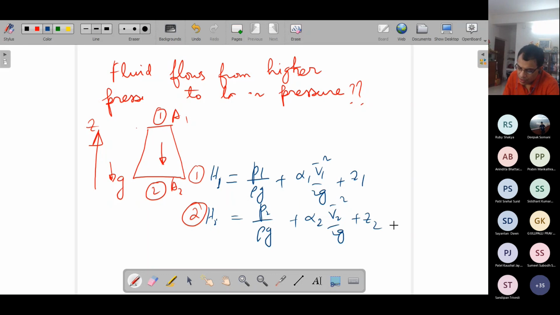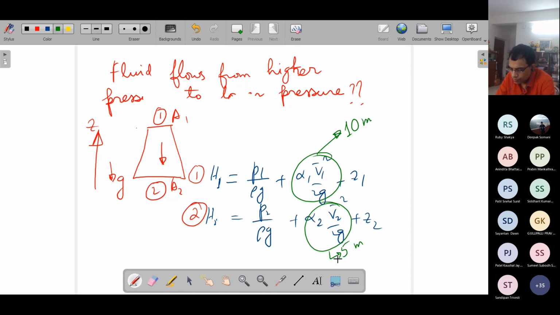In this case, the area relationship has reversed. So the kinetic energy at 1 will be greater than kinetic energy at 2. How much greater, it depends on the area ratio. So let us take it as this is 10 meter and this is 5 meter. Physically realistic.